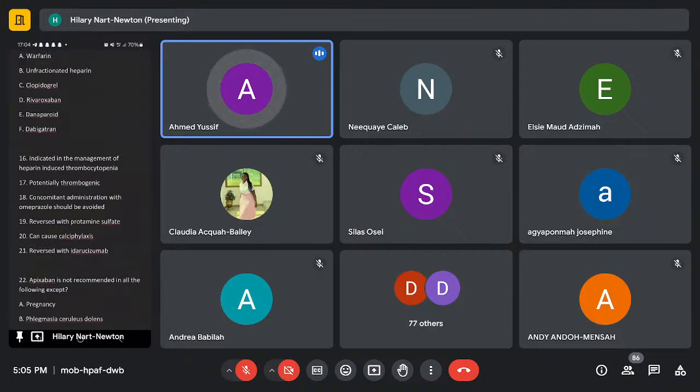So if you give it concomitantly with omeprazole, which is a strong inhibitor of cytochrome 2C19, it will prevent the conversion of clopidogrel into its active metabolite. And the antiplatelet effect of clopidogrel is derived from the active metabolite. So if you are not forming the active metabolite, essentially you are not getting any antiplatelet effect.